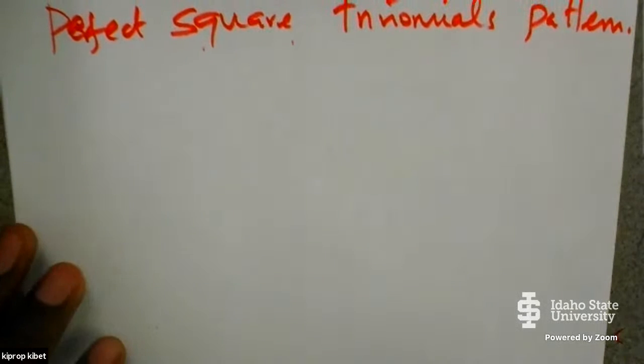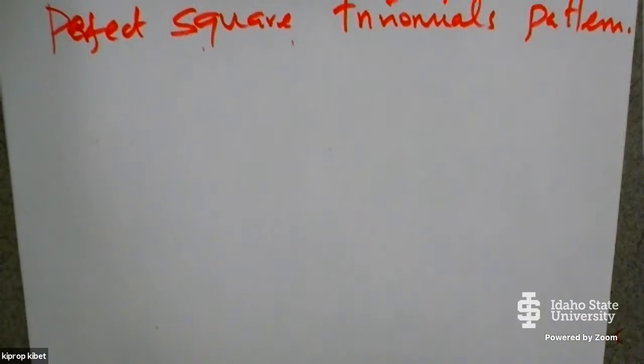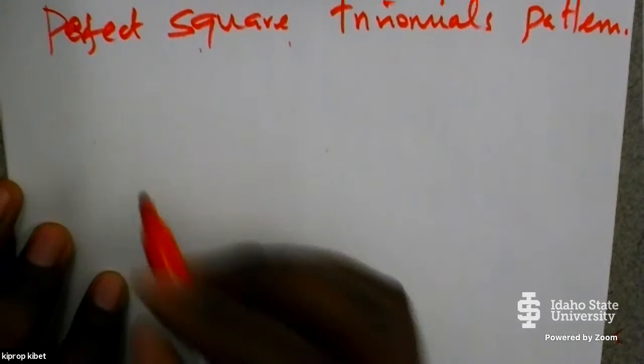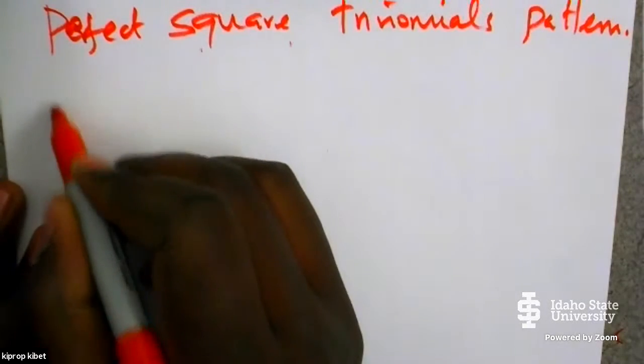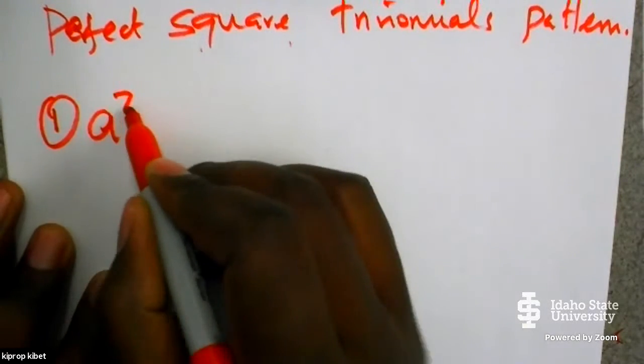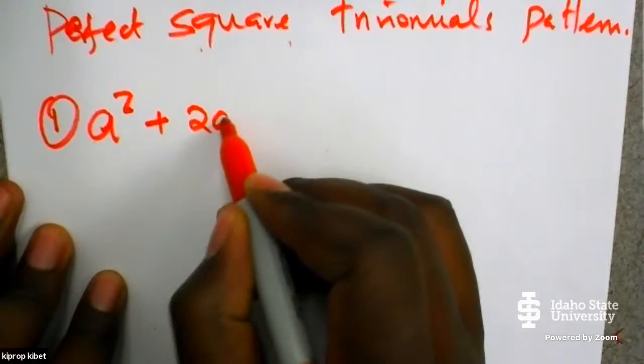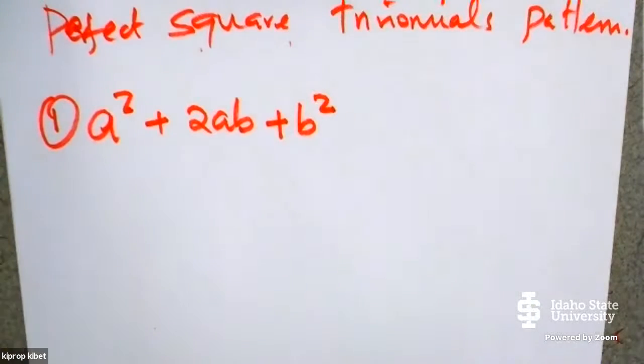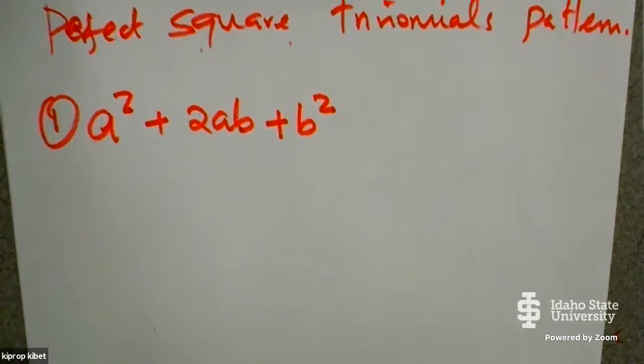Number one, a square plus 2ab plus b square.